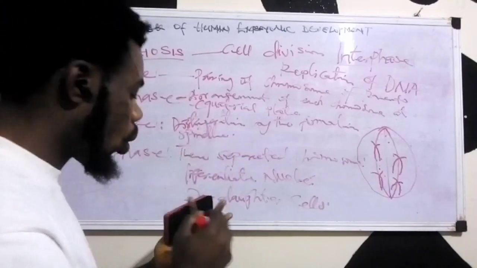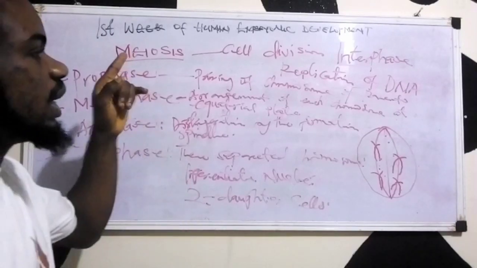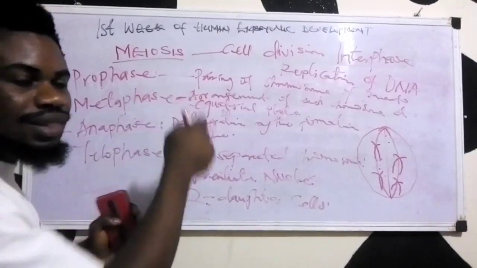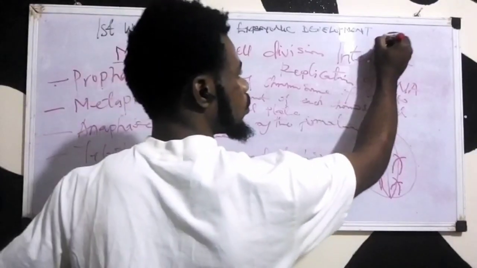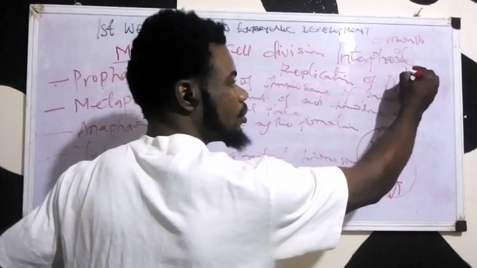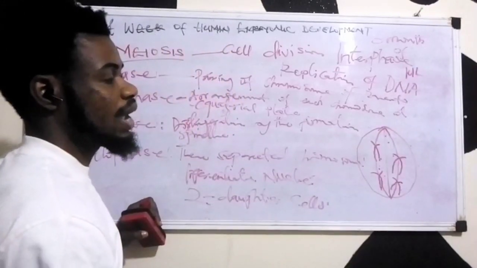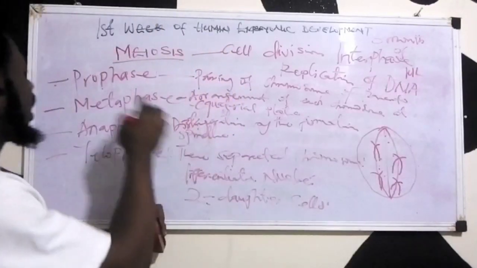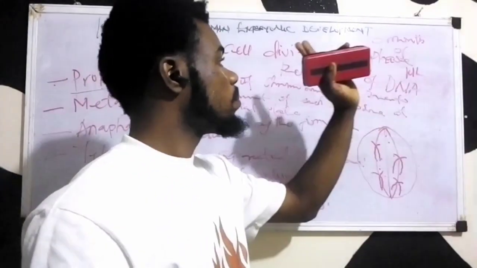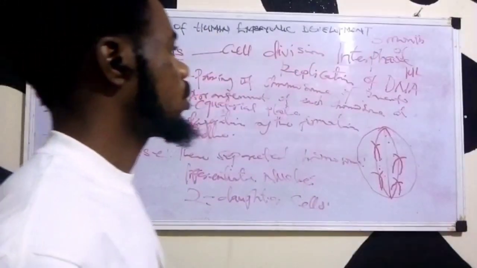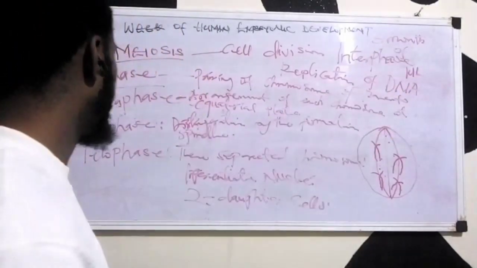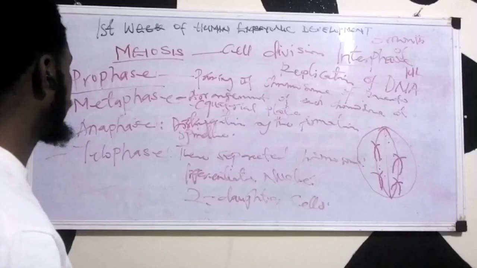After this prophase occurs, now in females, meiotic division starts at the third month of intrauterine life and gets arrested at prophase 1.